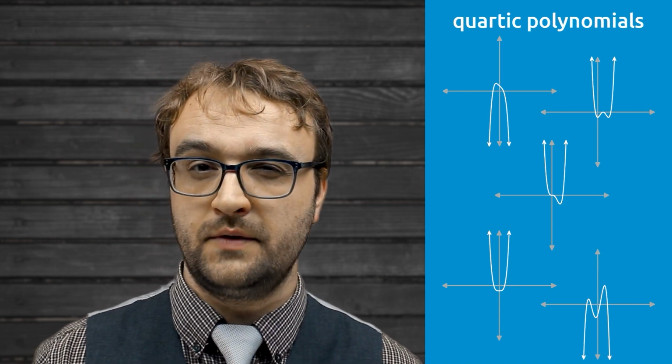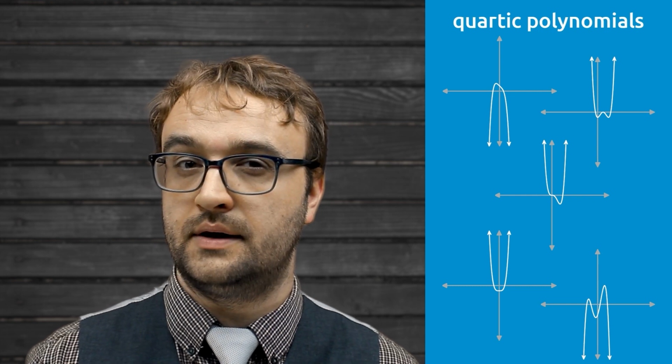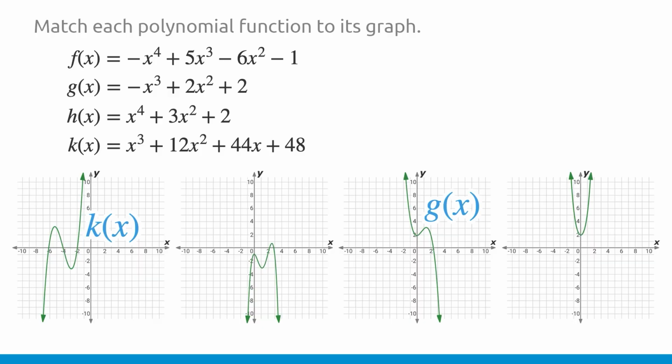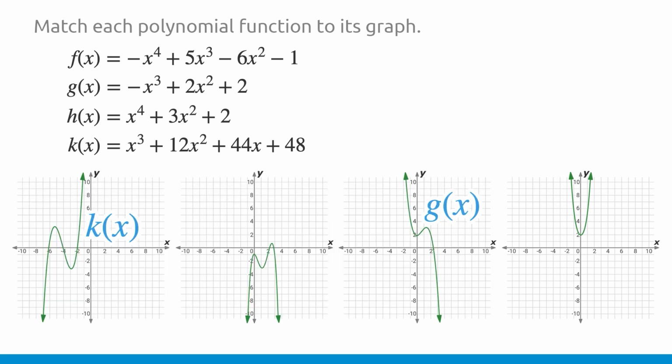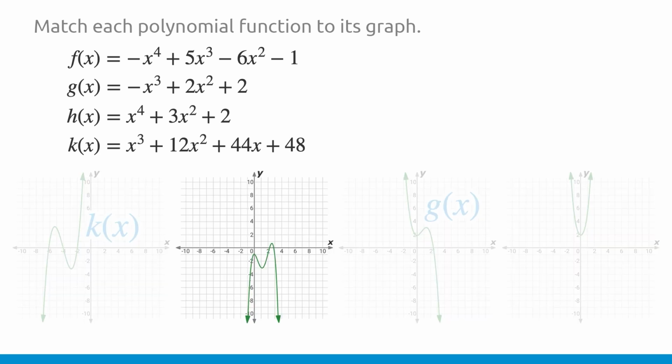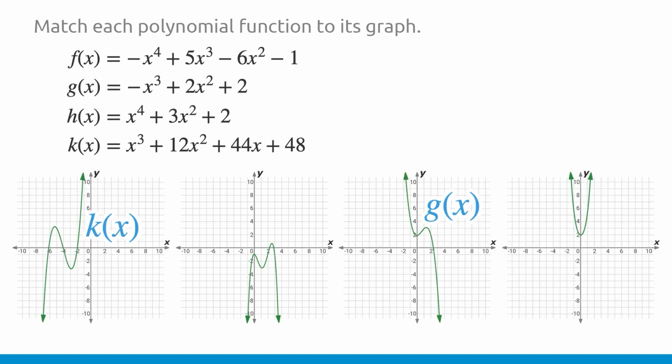The graph of a quartic function has one of many different shapes that either open up or open down. And some of them look a lot like parabolas, so be careful you don't assume they are quadratic. If the leading coefficient is positive, the graph opens up. If it is negative, the graph opens down. To determine which function describes which graph, we can look at their leading coefficients.